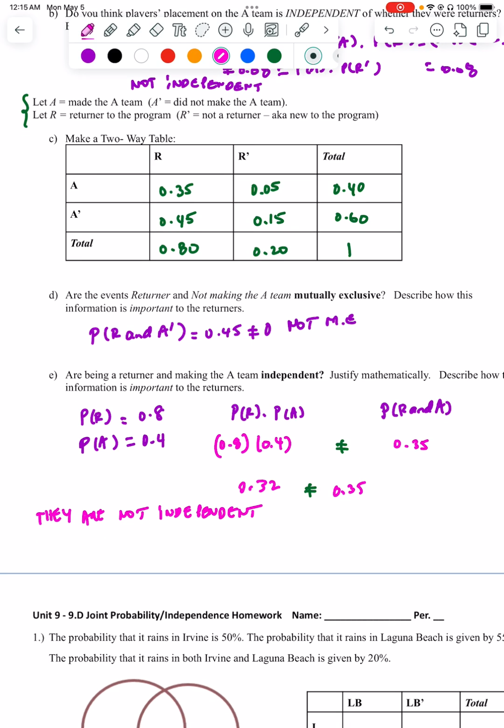So part of the placement on the team is dependent on whether or not the person returns.